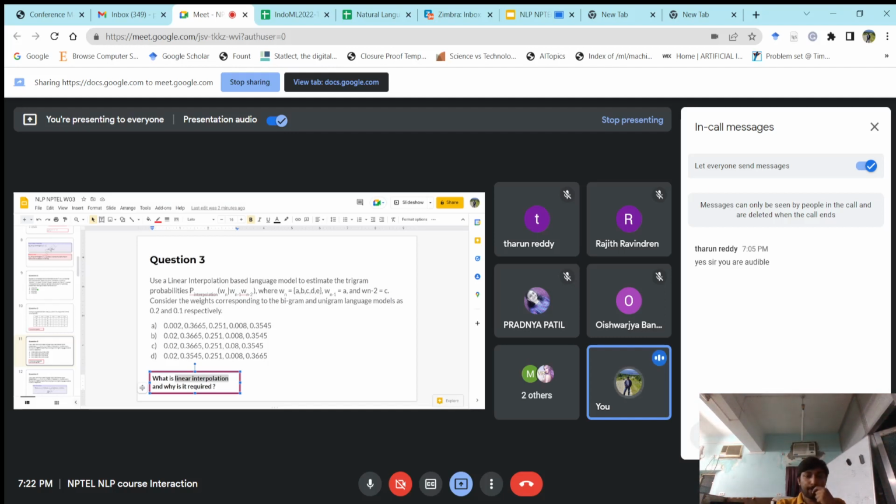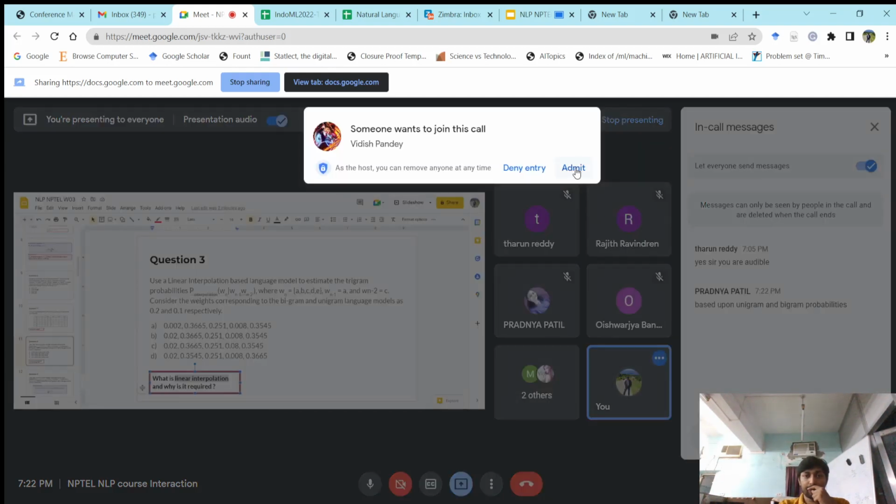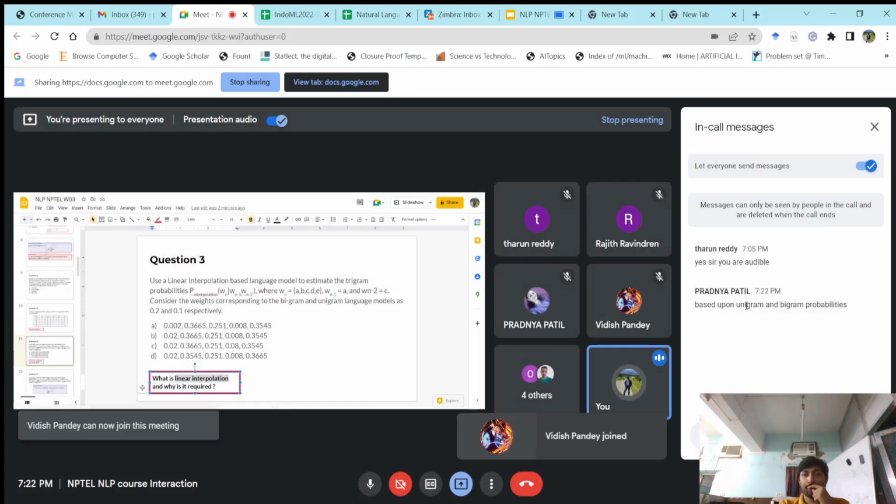What is linear interpolation? These are already covered in the lectures, right? Based upon unigram and bigram probabilities. But this is still incomplete. Can you explain a bit? What are you trying to do based on unigram and bigram probabilities?